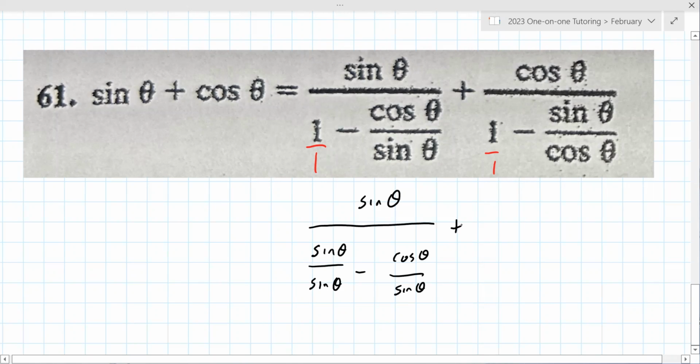What about the one on the left? That's by cosine. So it'd be cosine theta over cosine theta minus sine theta over cosine theta. Okay, good.